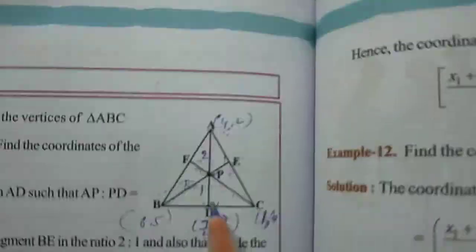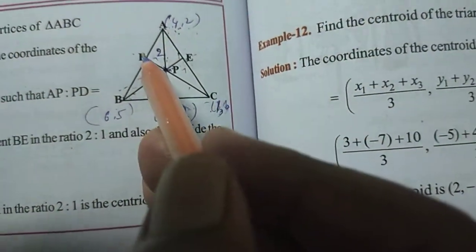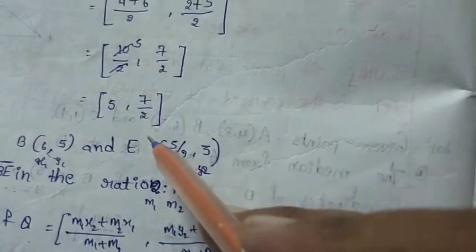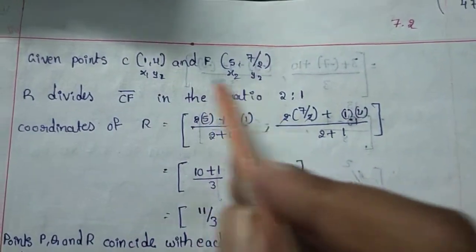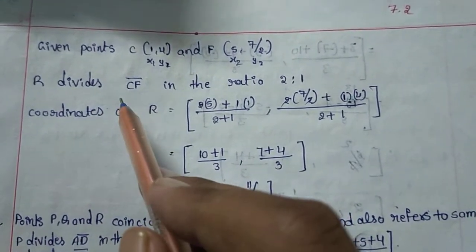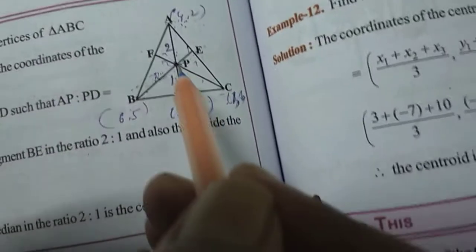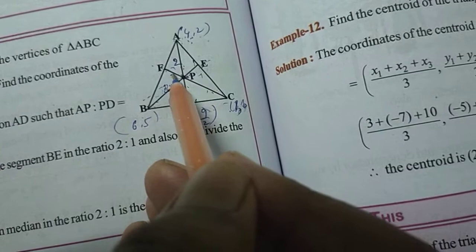Find the coordinates of R. First AD complete, BE complete. Next CF: take C as 1 comma 4. F already found, F is 5 by 2 comma 7 by 2. Given point C and F, R divides CF in the ratio 2:1.